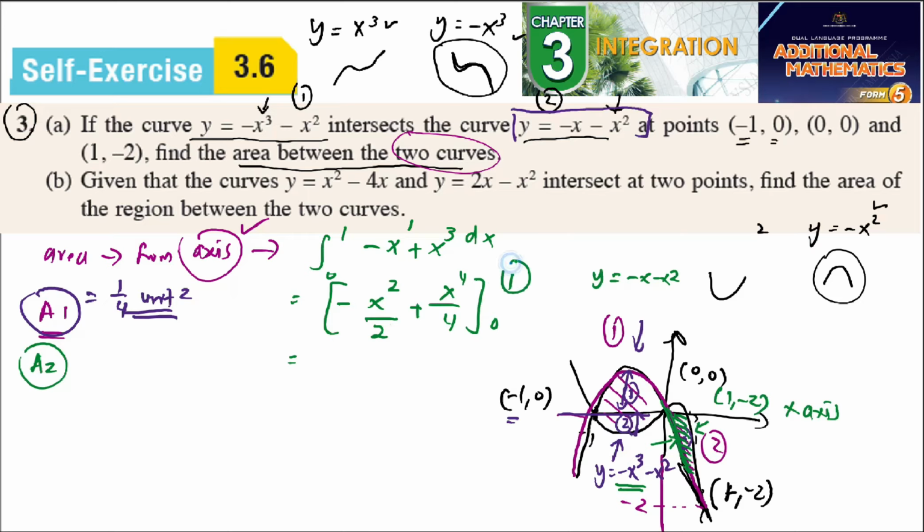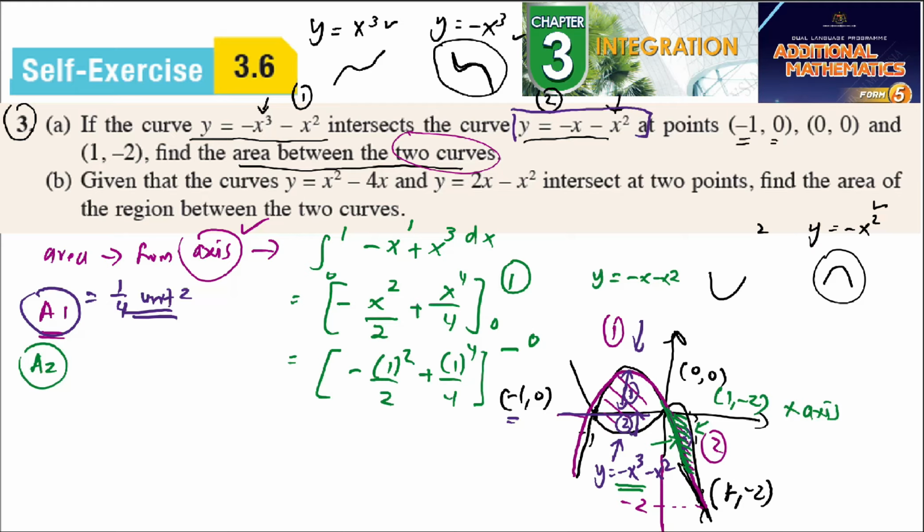So you substitute with 1 first. When you substitute with 1, negative 1 squared over 2, plus 1 to the 4 over 4. Minus, when we substitute with 0, you will get 0.